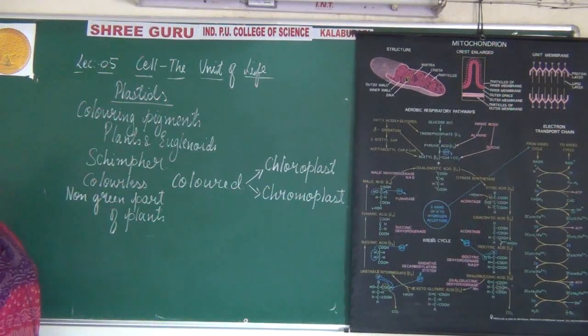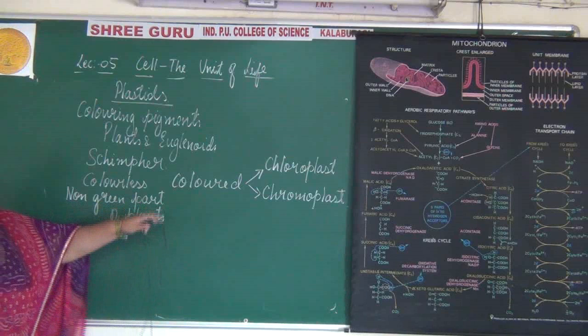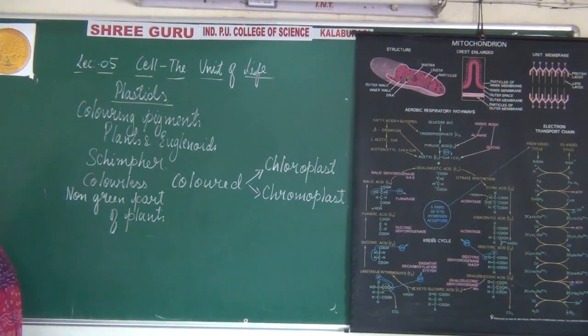There are two kinds of plastids observed. One is the colorless plastids and the other is the colored plastids. Colorless plastids are the non-green parts of the plants, especially the seeds.